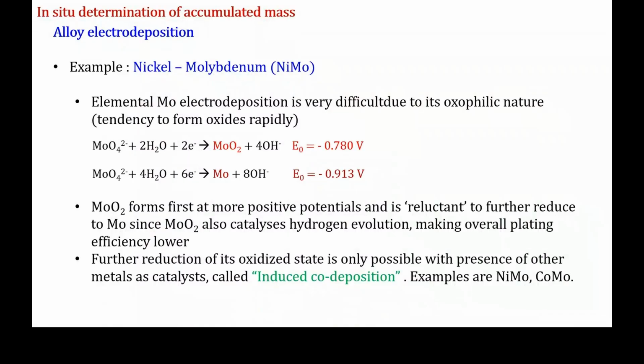And Namkang read a lot of literature and actually concluded that a nickel molybdenum alloy might do a better job than just nickel alone. And so now he's investigating the co-deposition of nickel and molybdenum.